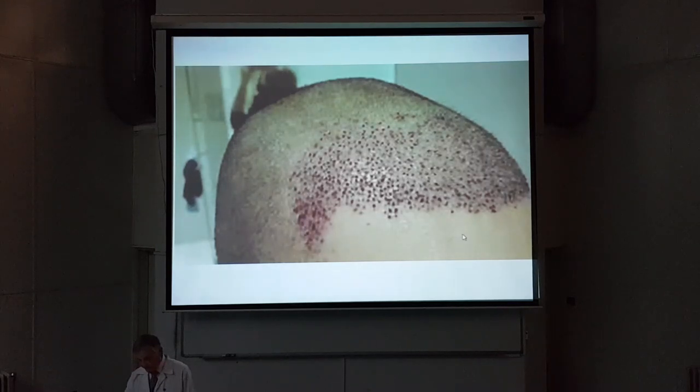If we look into the net, how much is this going to cost? It ranges from $5 to $10 a punch, and a person may need minimum 4,000 to more punches. So it's an expensive process.